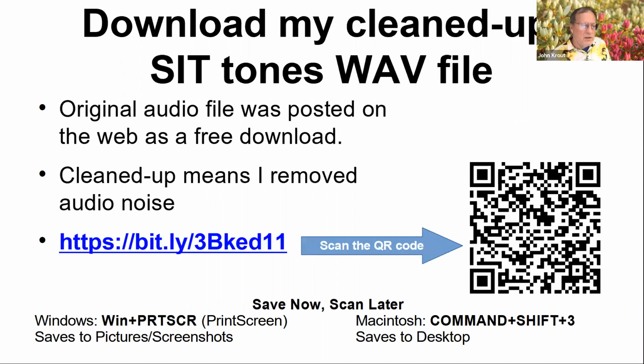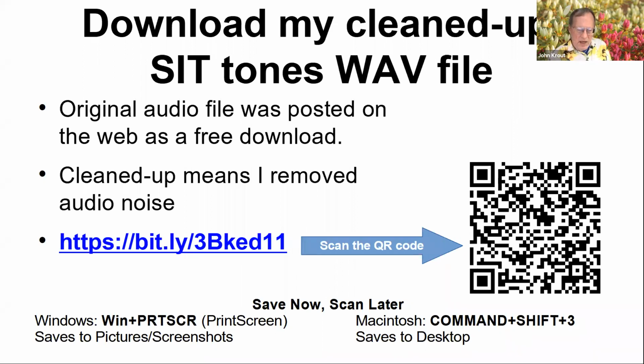And here is the URL and also a QR code containing that URL. So you can either type that into your web browser in order to download the SIT tones as a WAV file, or you can scan the QR code and it will ask you if you want to access that web page.